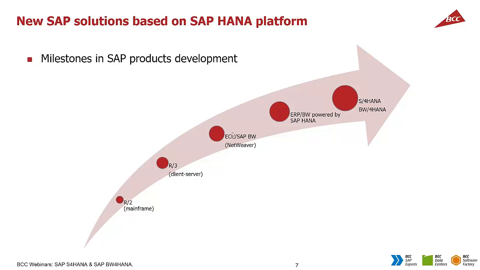It's still the most commonly used nowadays. But two new possibilities are open. So first is these two systems migrated to the SAP HANA platform, so ERP or BW powered by SAP HANA, and at the end the entirely new systems S/4HANA and BW/4HANA.